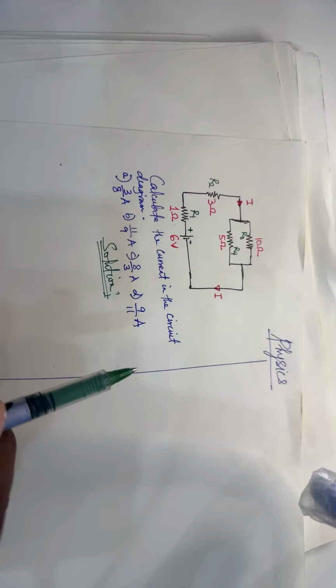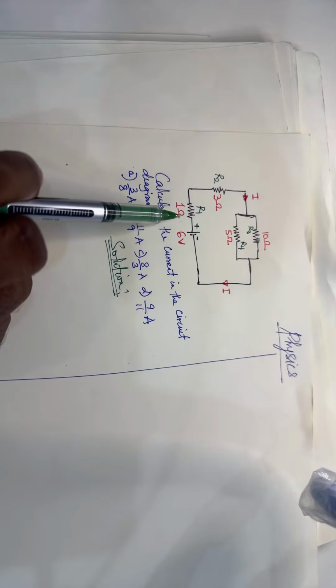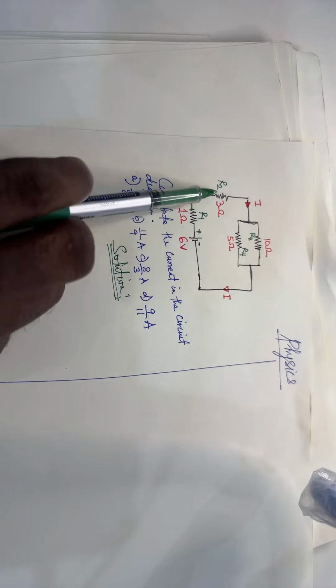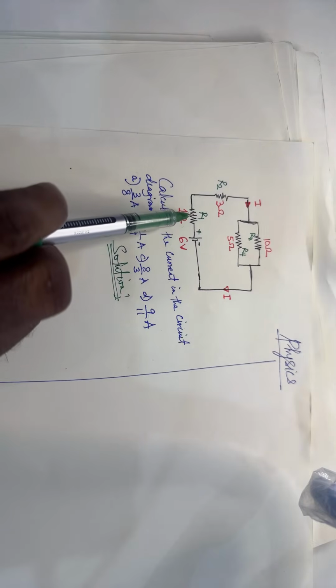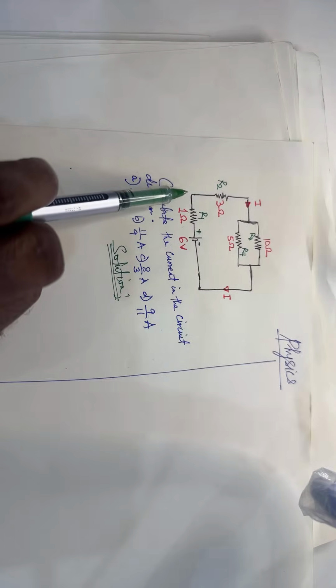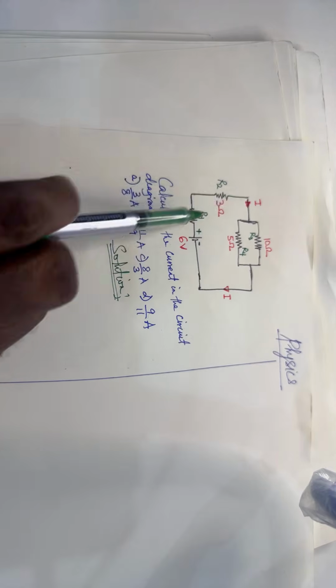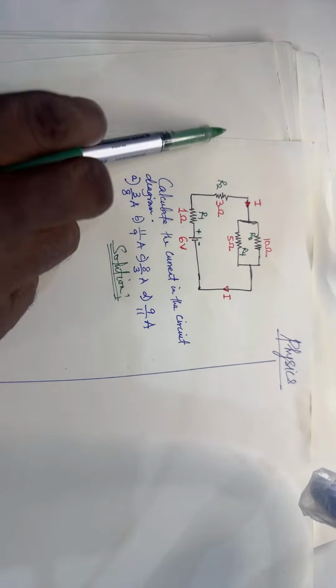Now notice that arrow 1 and arrow 2 are in series, because the current flows inside this one and enters this one, and it divides only after here.